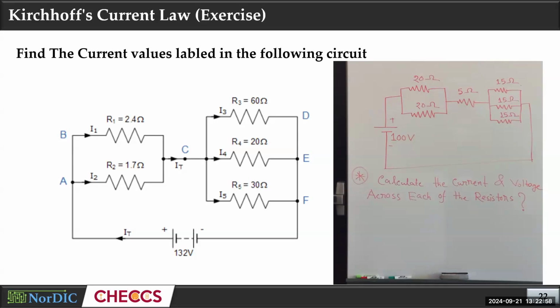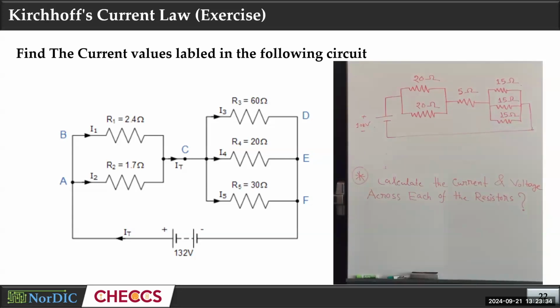So at first, I want you to focus on this particular circuit. This is the circuit that we will solve together. But before that, I want to explain some formulas.